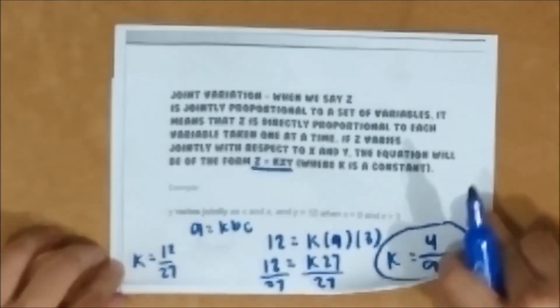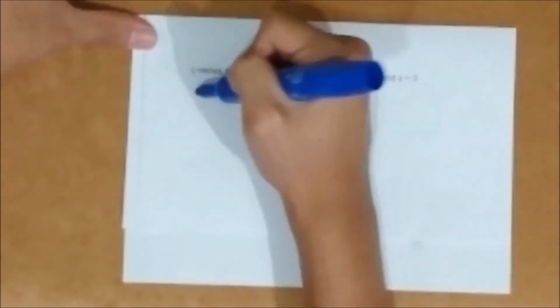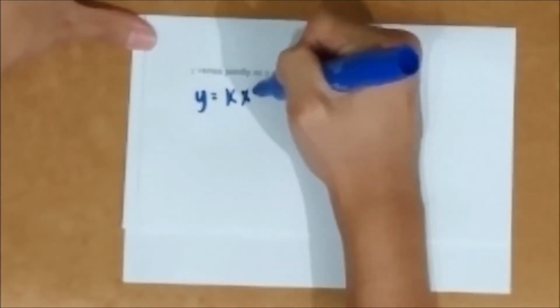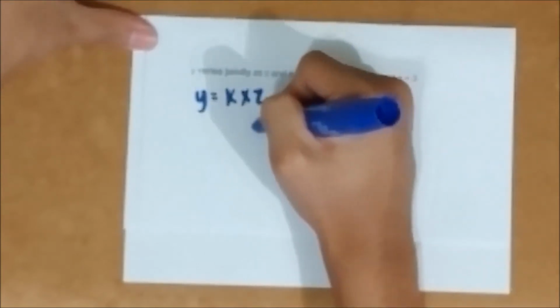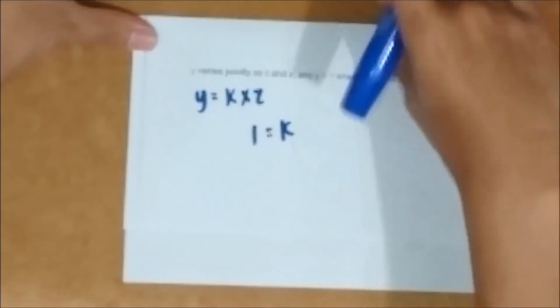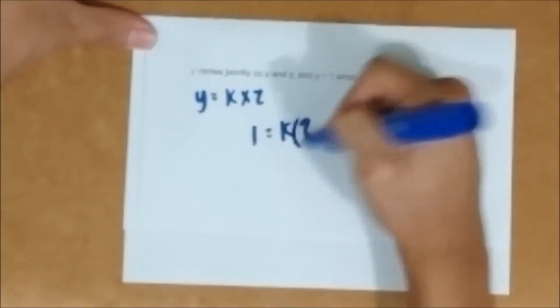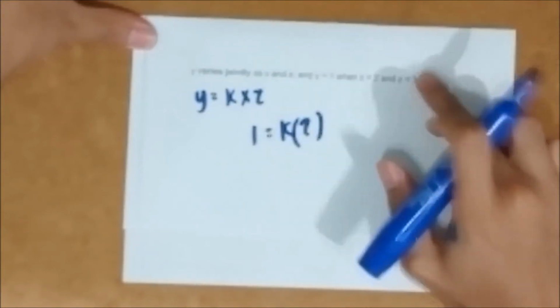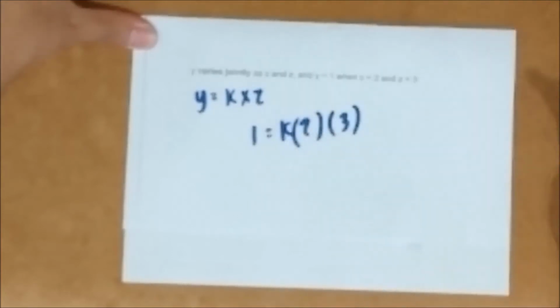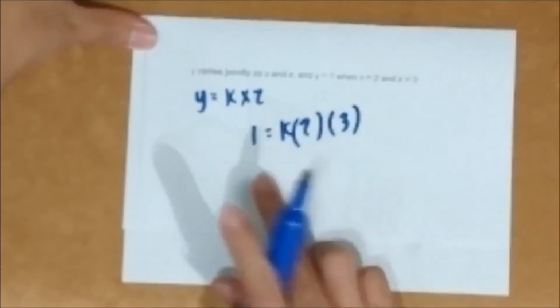And on to the second example. If y varies jointly as x and z, y equals kxz. And y is 1 when x is 2 and z is 3, what will be k?